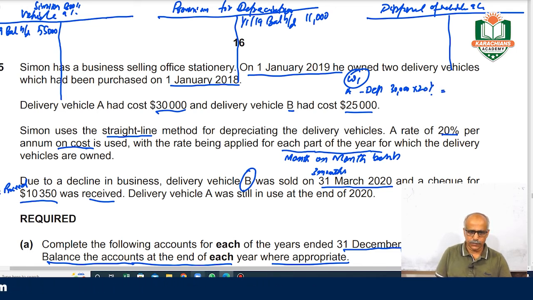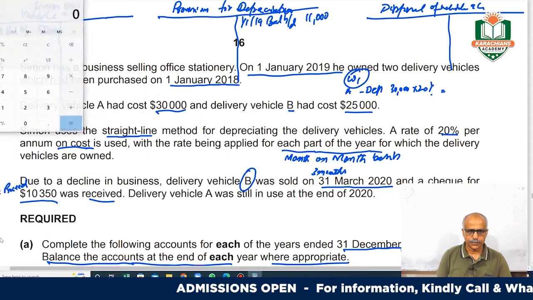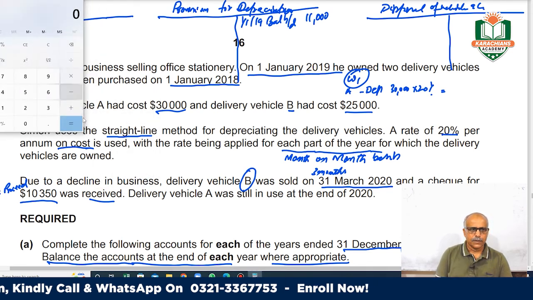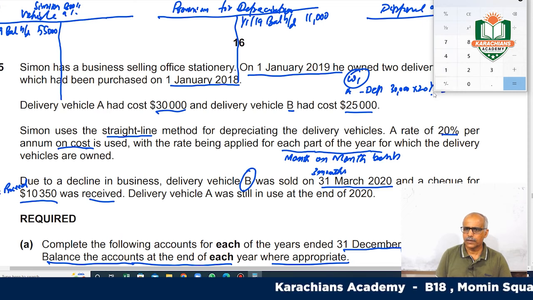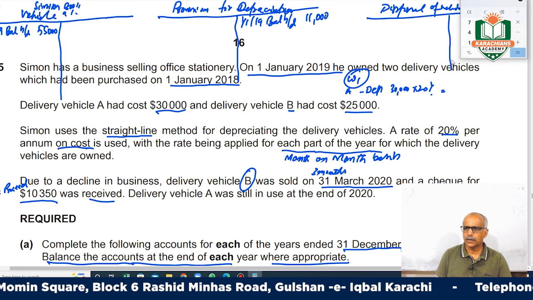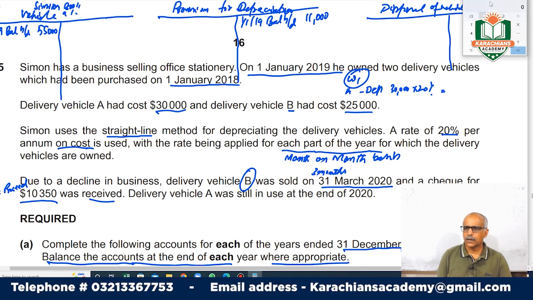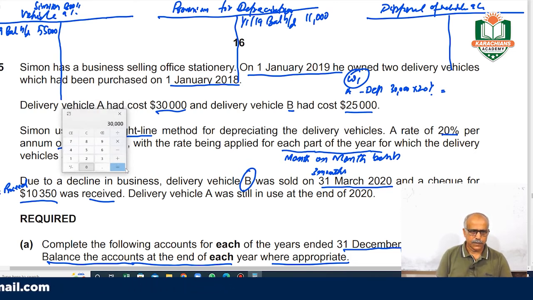And if you calculate it, 30,000, 20%, 6,000.